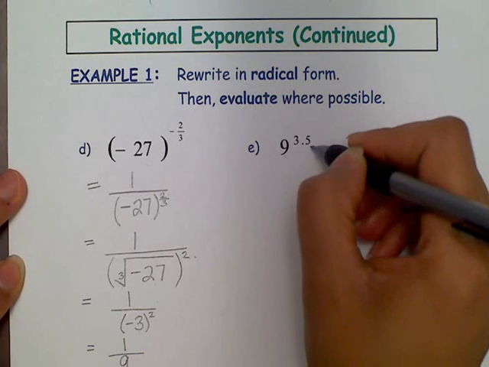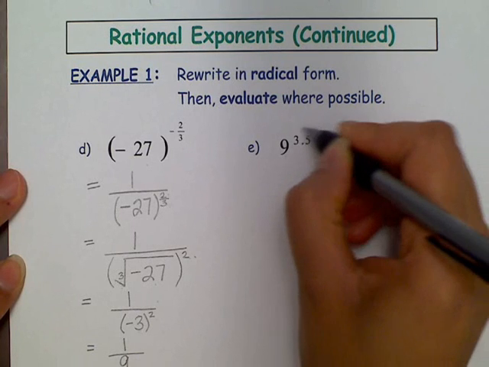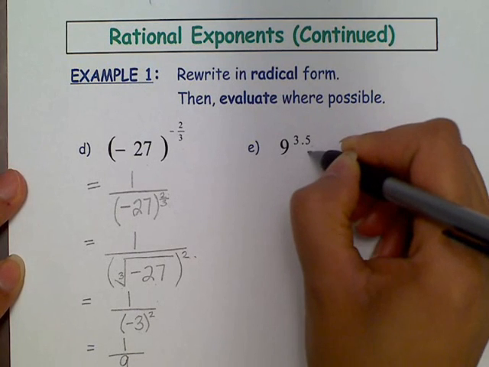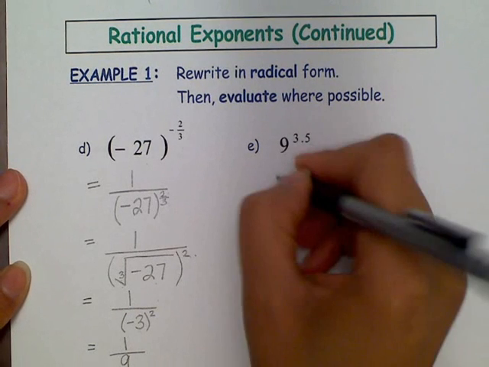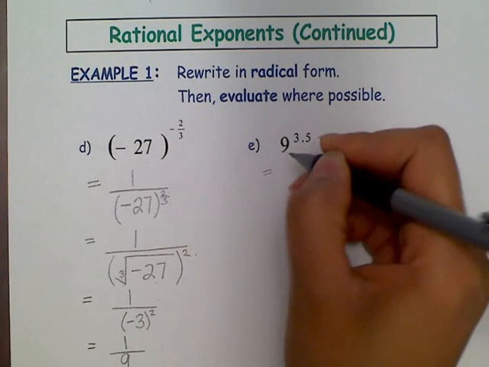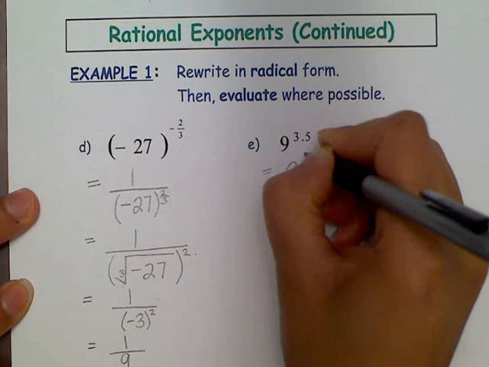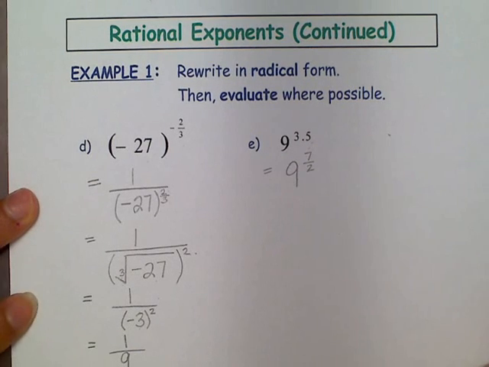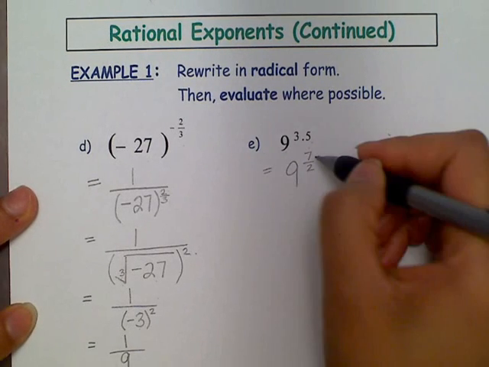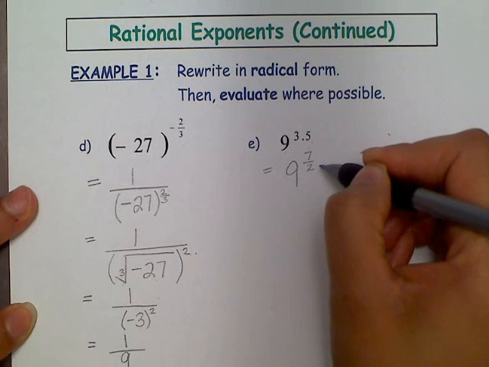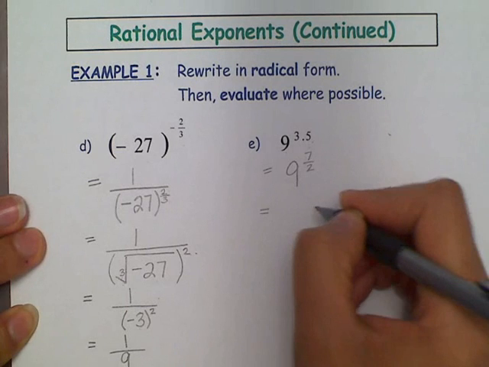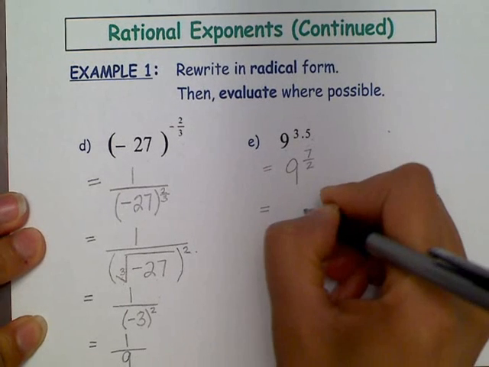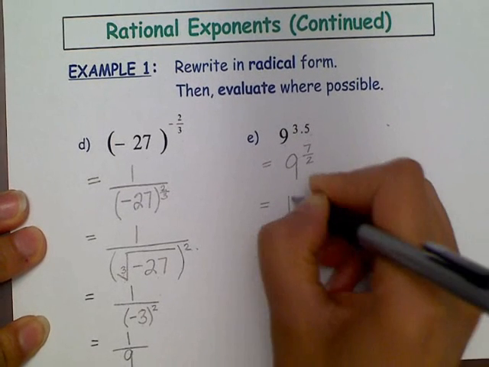Okay, the last example that we have here is 9 to the exponent 3.5. Now this is weird because 3.5 is not actually a rational number the way it's written. So I'm going to rewrite 3.5 as 7 over 2. So this is the same as 9 to the exponent 7 over 2. In which case, now that both the numerator and denominator are integers, I can rewrite this in radical form.